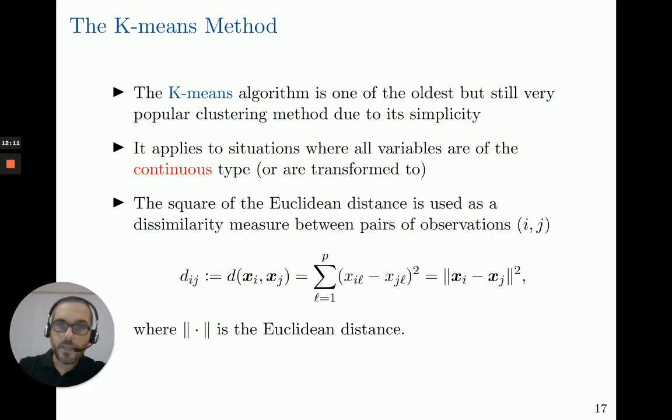We are going to use the Euclidean distance as the measure of distance. So if we have two observations i and j, d is defined as the sum over the attributes of the squared difference between the two observations. So it's the L2 norm squared of xi minus xj.